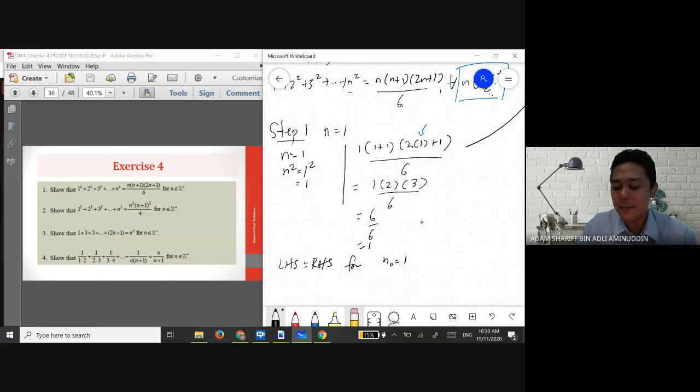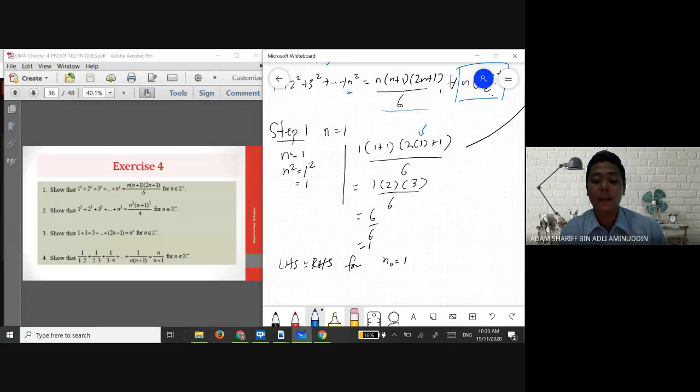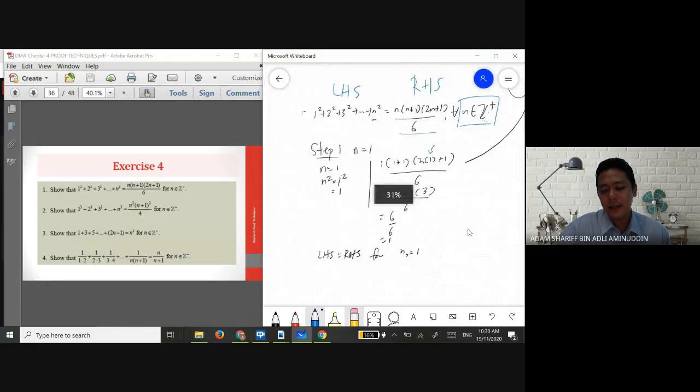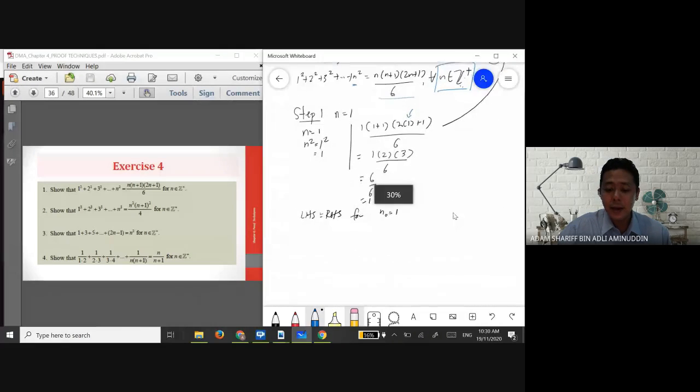Yang ni saya tak kisah sangat ada yang letak P ke tak letak P, tapi dia betul. Yang memang saya nak tengok betul-betul ialah student berjaya menggunakan formula from the left hand side and the right hand side correctly. And you must show step by step. If you don't show step by step, contohnya ada setengah student dia pandai tau. Dia tahu last kali dia kena sama, apa yang dia buat?